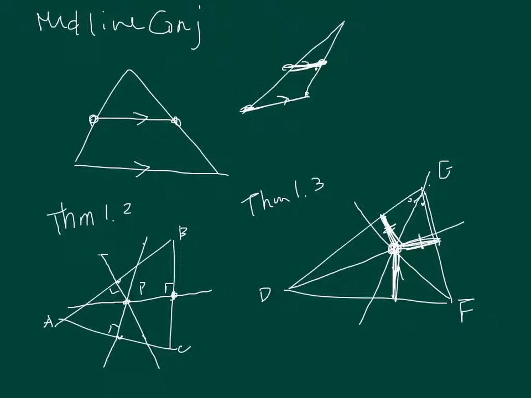Therefore, the distance from all 3 sides to the point M are exactly the same. Therefore, those lines meet at one point. And that's about investigation 1D.